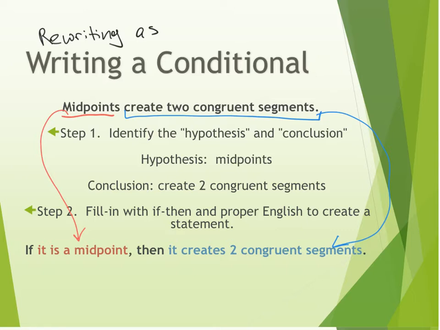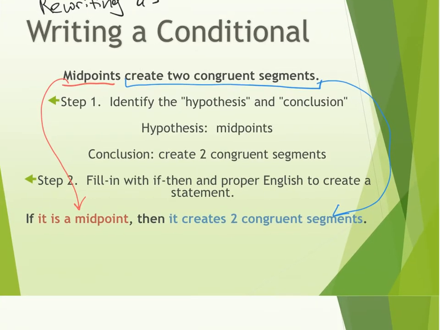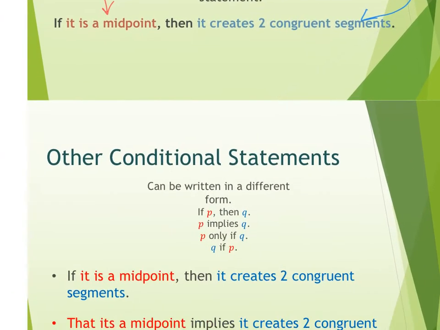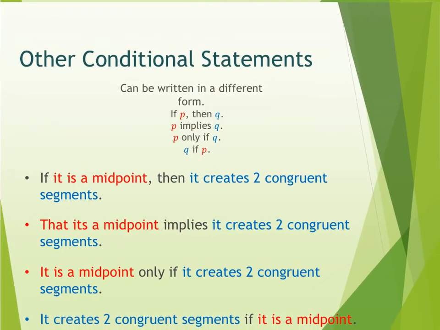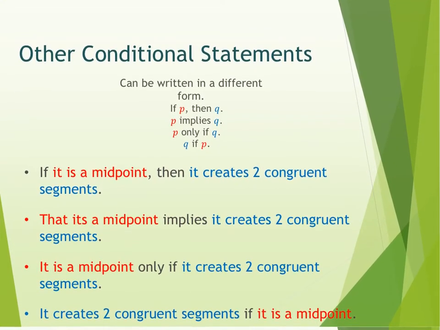But bisect is nowhere in our original statement, which means it's not the conditional statement we were looking for. Whatever you do, do not add information to your original statement. Only use the words that are in the original statement. Now you can add little filler words here and there or grammar things to make it make sense, but do not go adding different concepts.